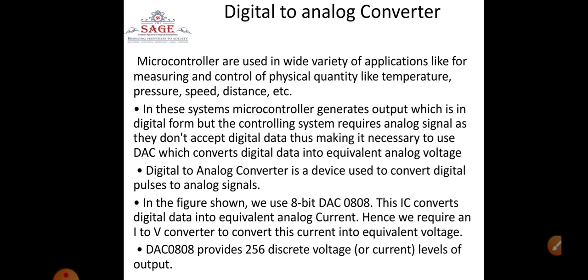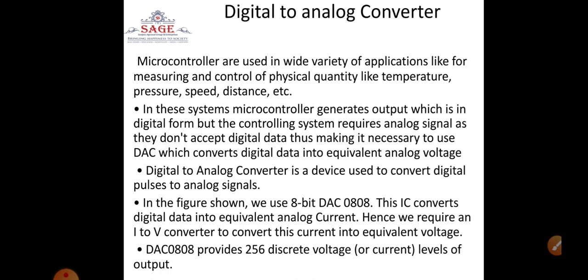There is a requirement to convert the digital data into analog value to control those applications. Microcontrollers are used in a wide variety of applications, like measuring and controlling physical quantities like temperature, pressure, speed, distance, etc. In these systems, the microcontroller generates output in digital form.